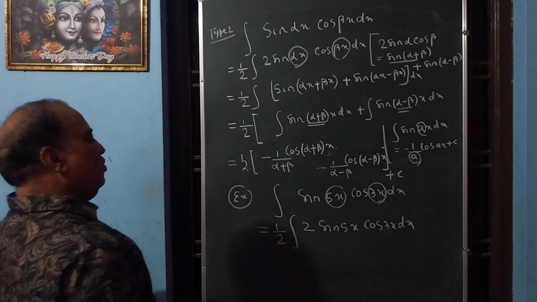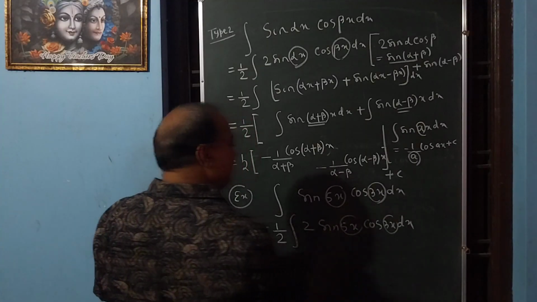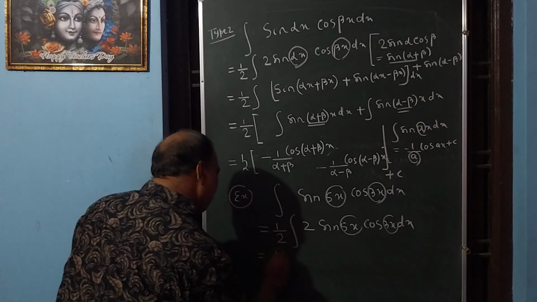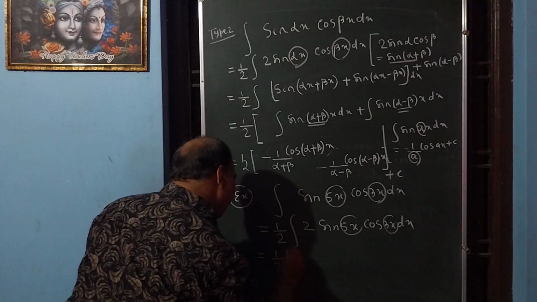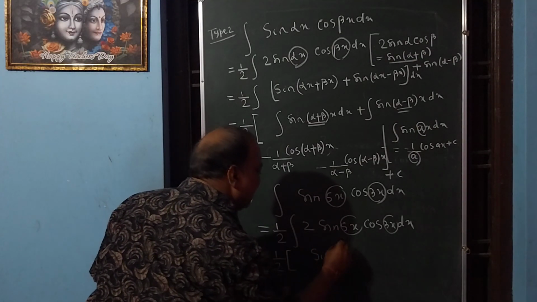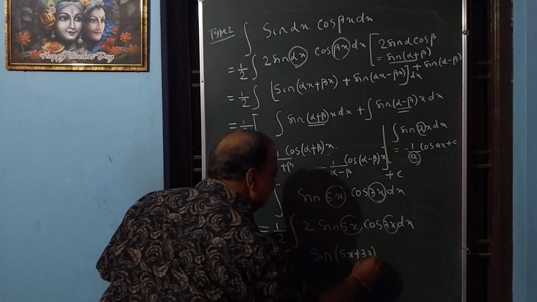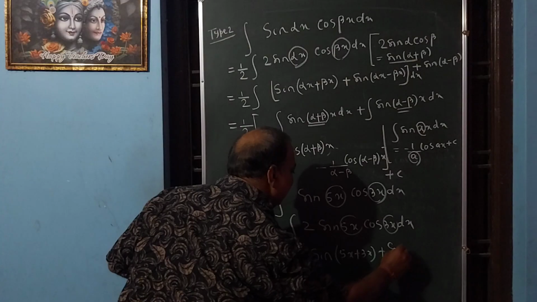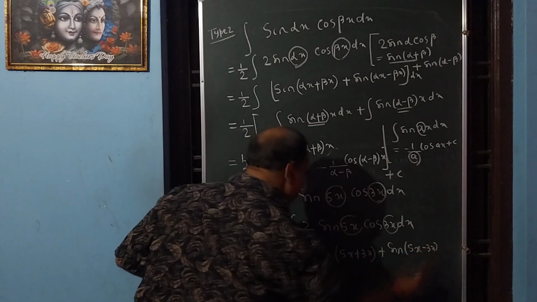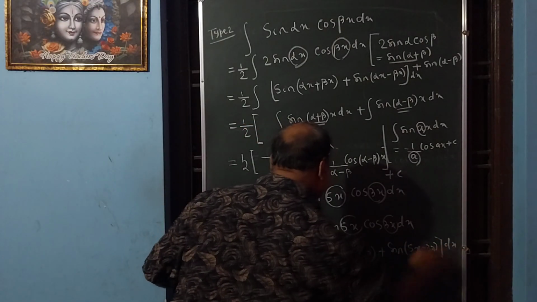Okay, so 2 sin alpha into cos beta, there is one formula there. So we get 1 by 2, here it is sin (alpha plus beta), meaning 5x plus 3x, plus sin (5x minus 3x) whole into dx integration.